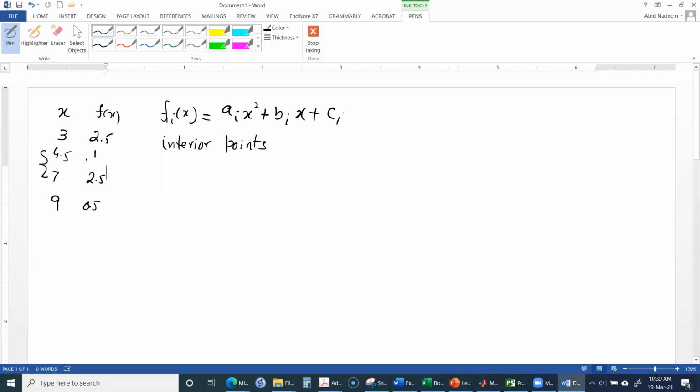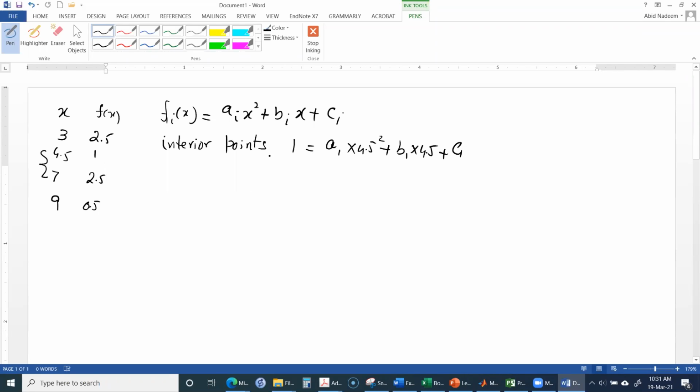For the 4.5 point, we have the value 1, which is equal to a1 into 4.5 square plus b1 into 4.5 plus c1, since we start i from 1.